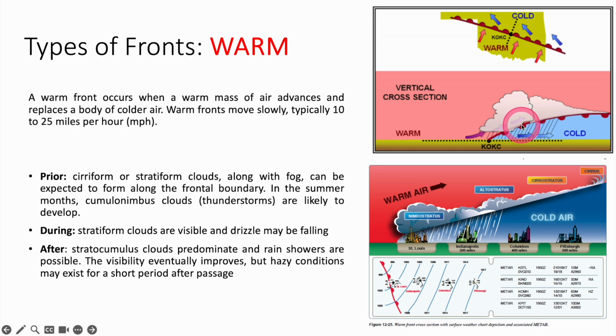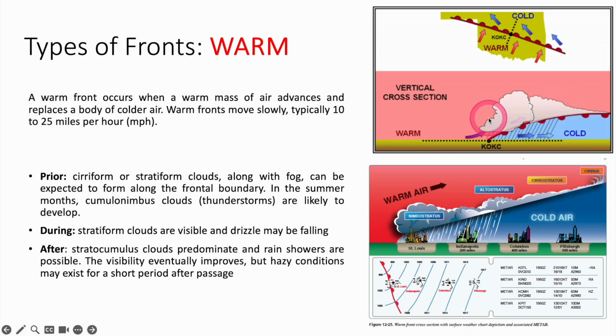There's always a potential for thunderstorms. Most likely we get stratiform clouds and precipitation or drizzle. So again, they're slower moving than a cold front, and the warm air mass will go on top of the cold one. If you remember, that's also known as an inversion. So you have cold at the surface and then a warm air mass above that.